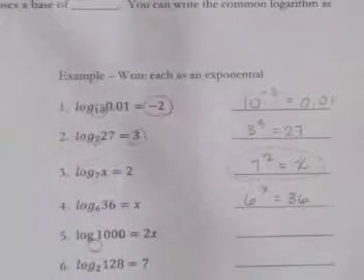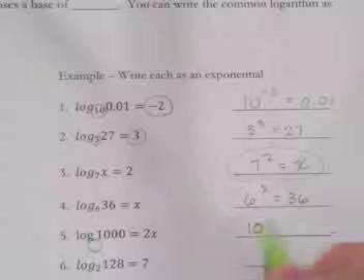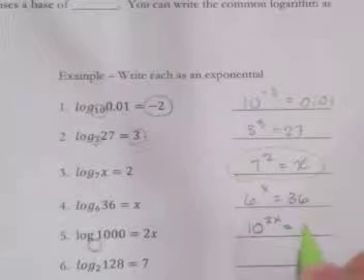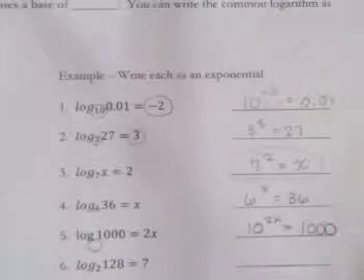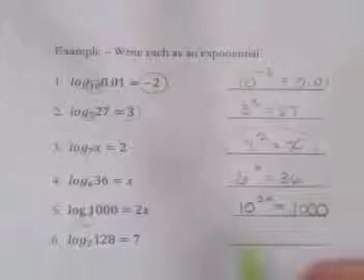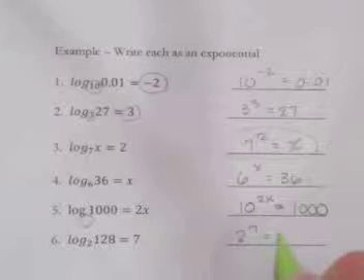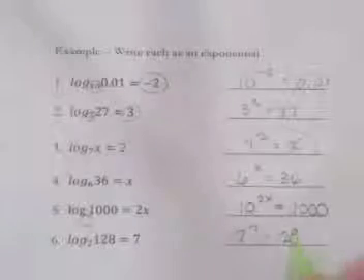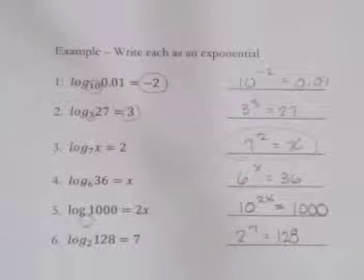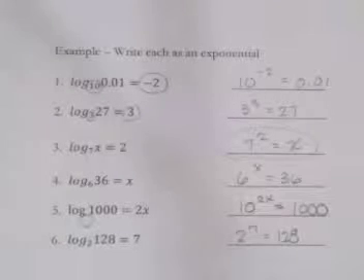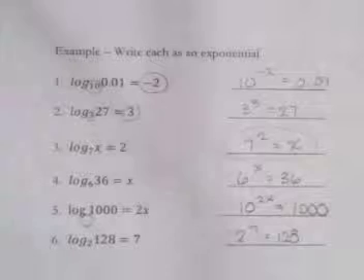When you leave the base blank, it defaults to 10. So this is 10 to the 2x power is equal to 1,000. And the last problem has us doing 2 to the 7th equals 128. So that's how we rewrite problems in exponential form when they're given to us in logarithmic form.